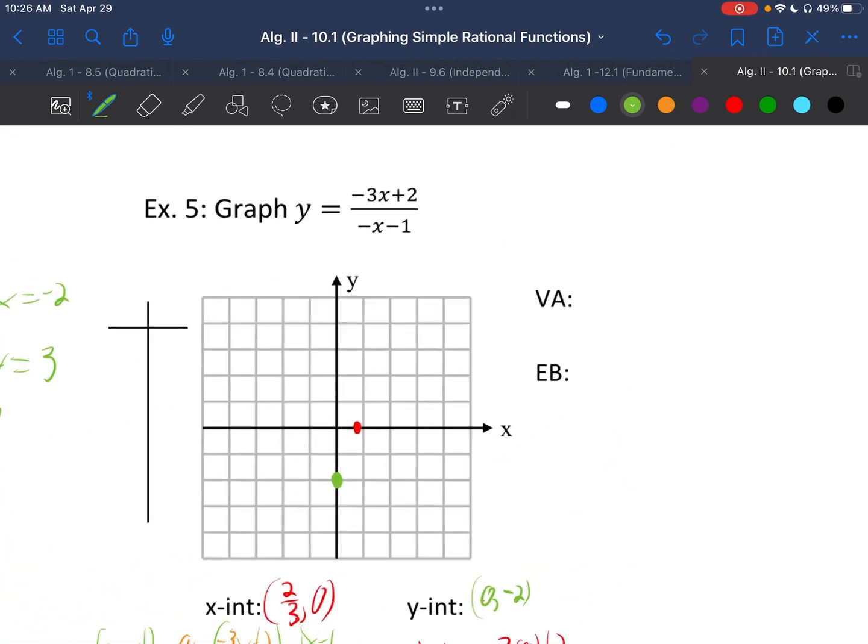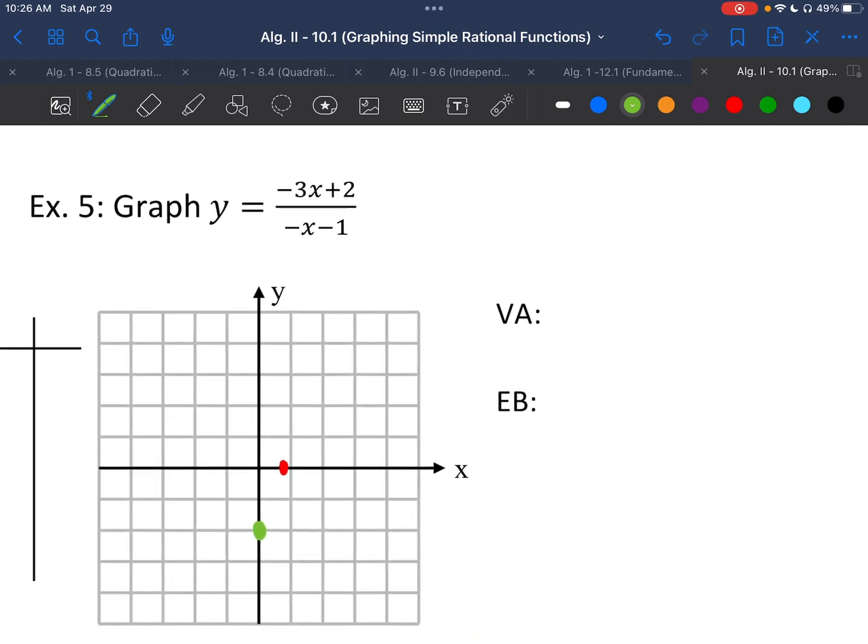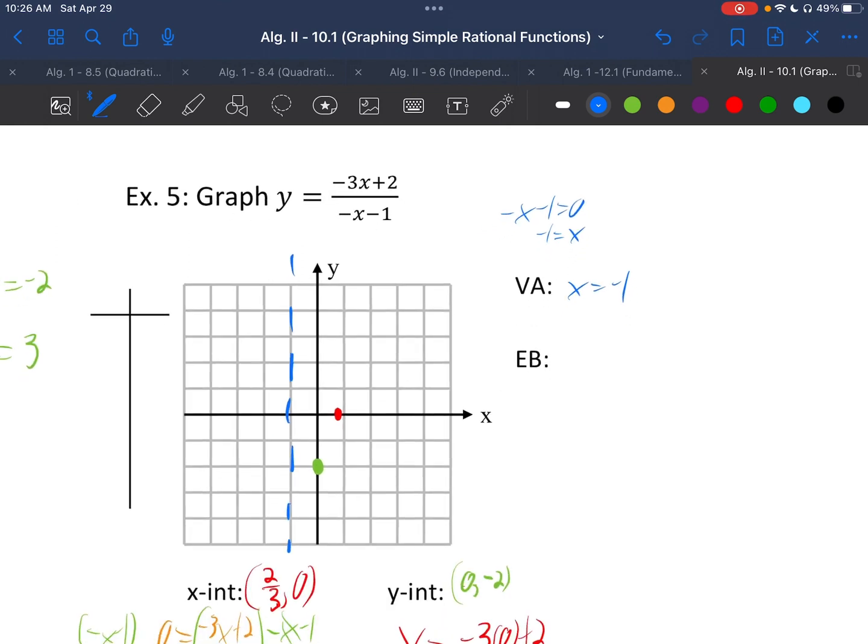Vertical asymptote, once again, you set your denominator equal to 0, which is negative x minus 1 equals 0. So I'm just going to add x in this scenario to save myself a step. Negative 1 equals x. If you added the 1, you'd have to divide or multiply by negative 1, which would give you the same answer. So plotting that, knowing that the graph will never ever touch but get close to this vertical asymptote.